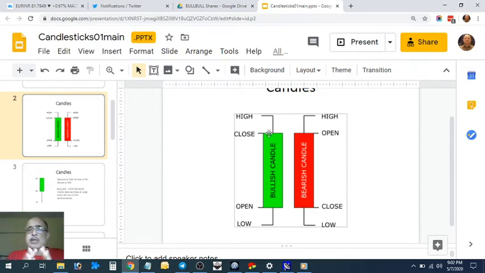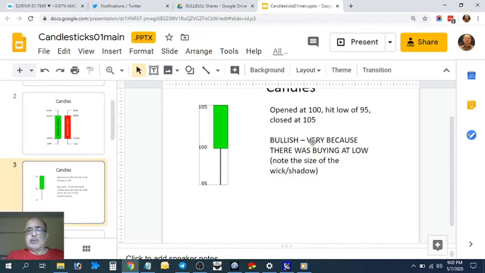Now I'm not talking time periods. That is going to be a separate chapter. I'm going to explain that to you separately. Likewise, in a red candle, this is the high, this is the low. It opened over here and it closed over here because the close is lower than the open. So basically this is the candle formation.